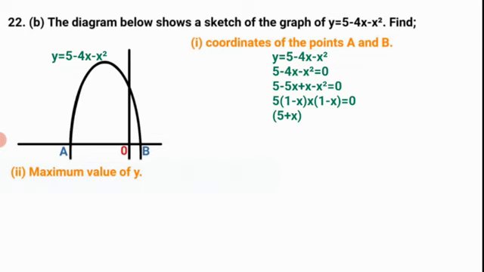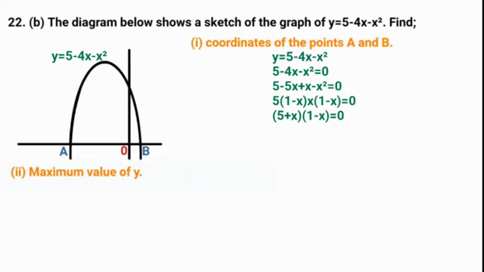I'm going to pick one of these. It doesn't matter which one I pick. So now I'm going to multiply 5 plus x by 1 minus x, which is going to give us 0.